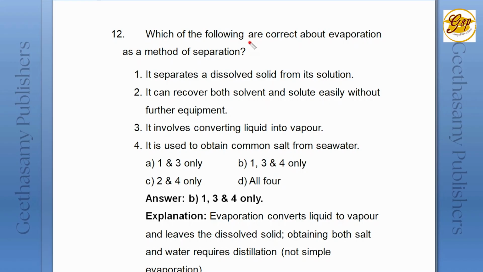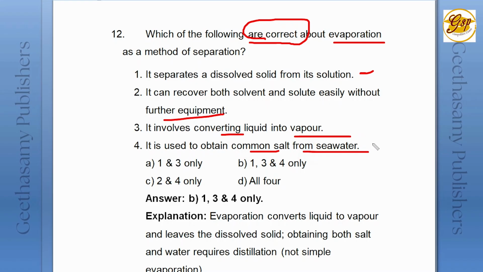Fine. And 12th question: which of the following are correct about evaporation? 1, it separates dissolved solids from solution. 2, it can recover both solvent and solute easily without further equipment. 3, it involves converting liquid into vapor. 4, it is used to obtain common salt from seawater. A, 1 and 3 only. B, 1, 2 and 3.